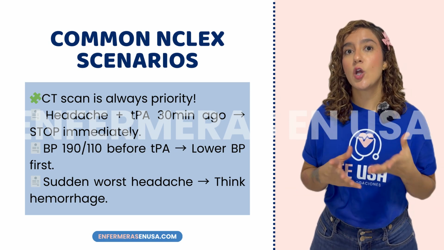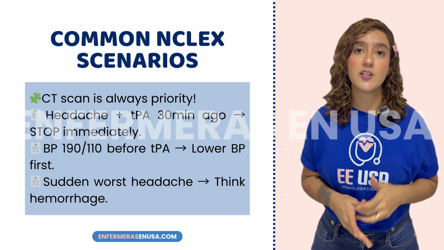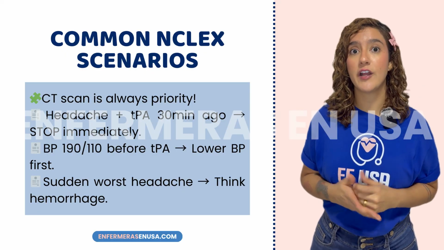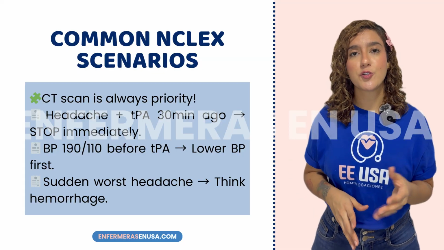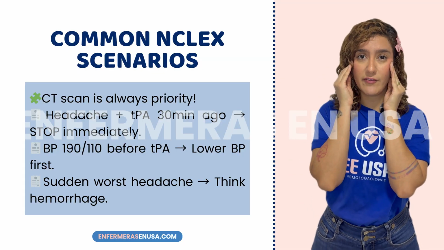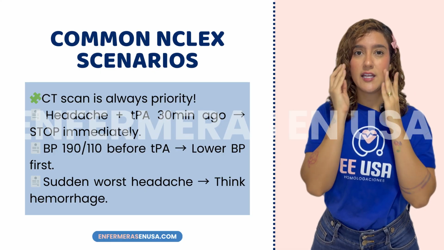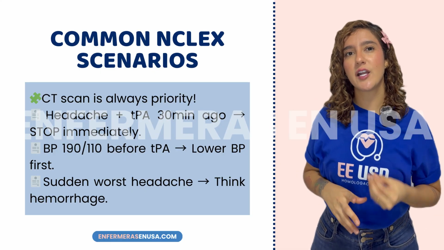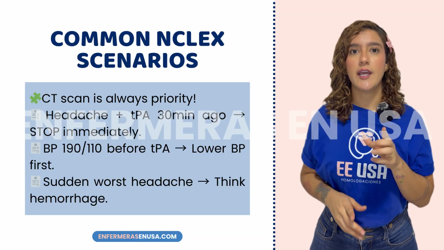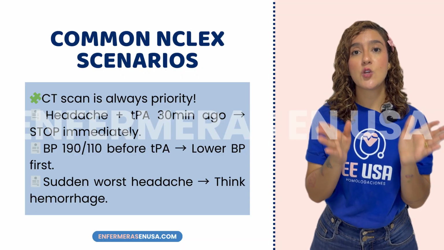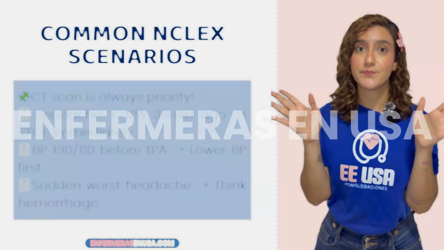The answer is lower blood pressure below 185 over 110 before giving alteplase. And question number 3. The patient reports the worst headache of their life, vomiting and a stiff neck. The answer is suspect subarachnoid hemorrhage. Do not give alteplase. The trick: headache, stop alteplase immediately.